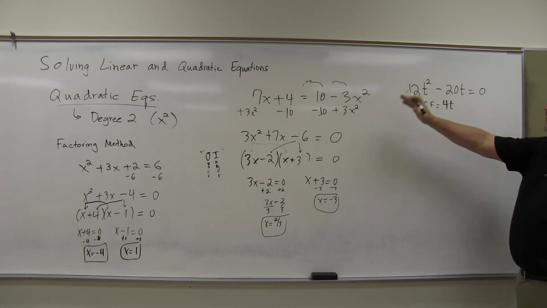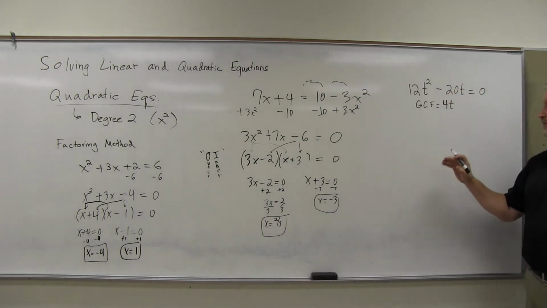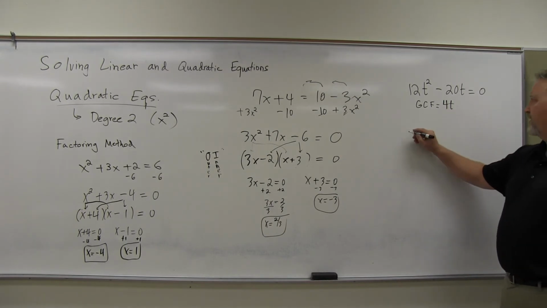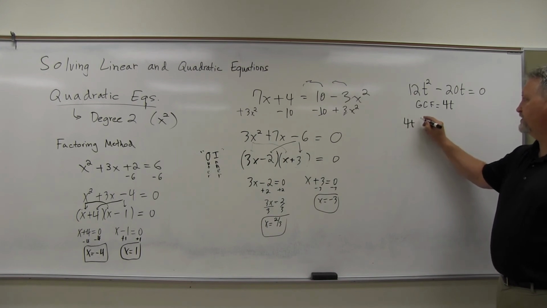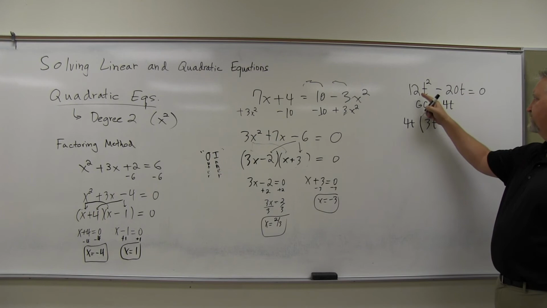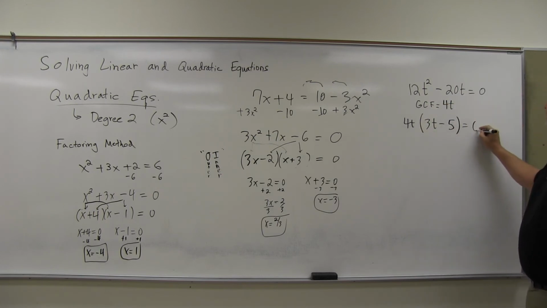In the previous ones, when I went to factoring, I didn't have that common factor, but when you do have a common factor, that is the first thing you probably want to do when you're solving these. And so we're going to factor out the 4t. Of course, that just means divide those by 4t, so it'll be 3t. Divide that by 4t, you get minus 5.